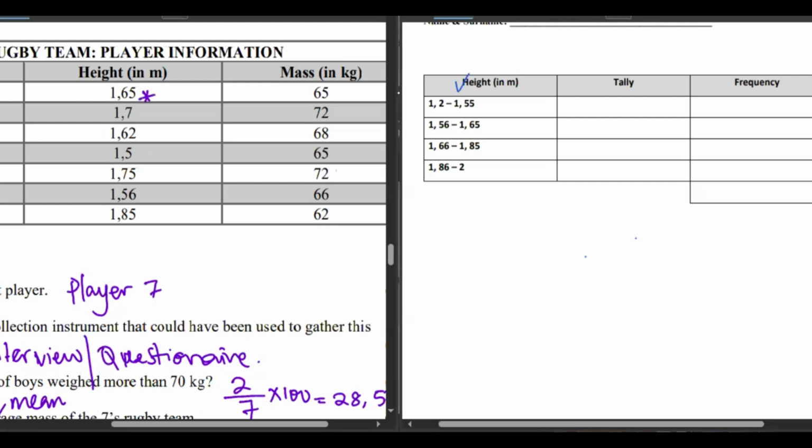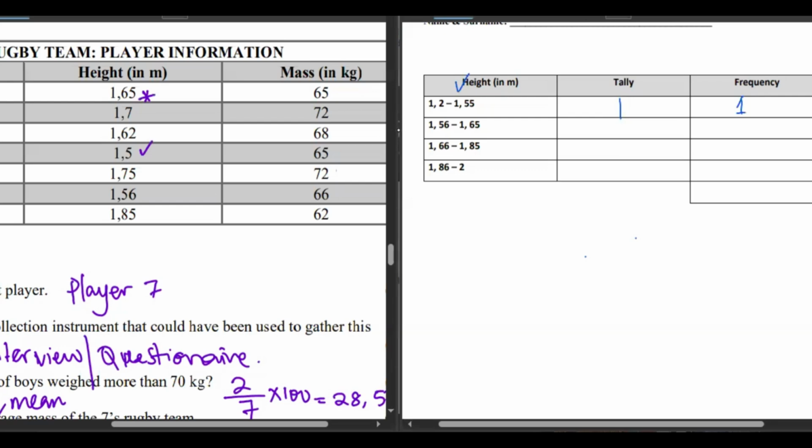We look for heights from 1,2 to 1,55. We only have 1. So here we put 1 stick, and on the other side we write 1 as the number.